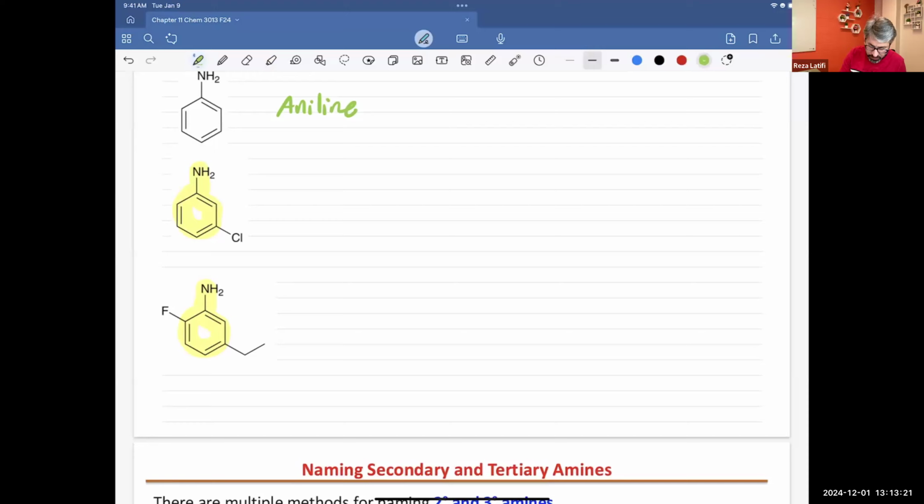So I'm going to say 1, 2, 3. On the 3rd one, I have a chloro. Then I say aniline. Or instead of 3, I can say meta. You can write it with M, or you can say meta. So I got m-chloro, and then I say aniline.